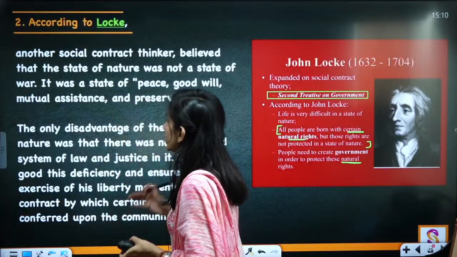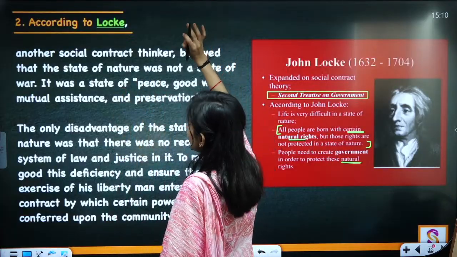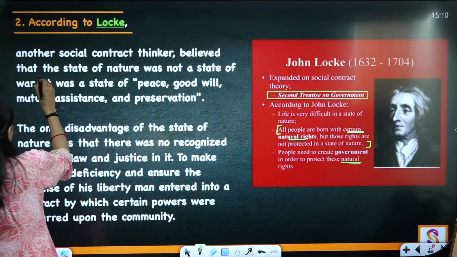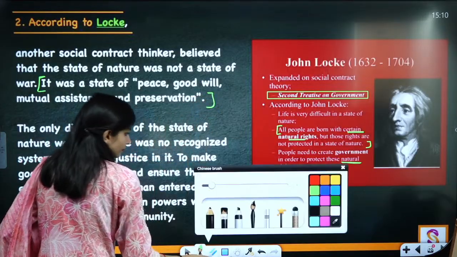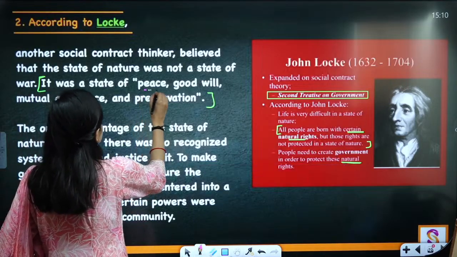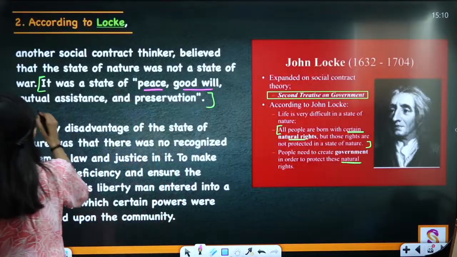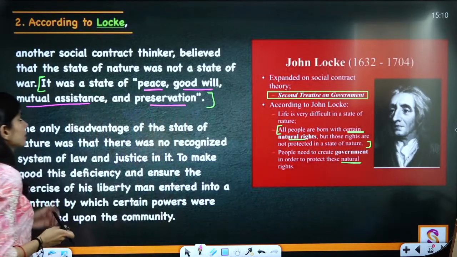So therefore, they specified that the social contract theory is specifying that state is nothing but state is related to peace, goodwill, mutual assistance, as well as preservation.